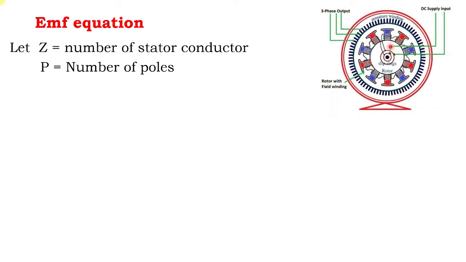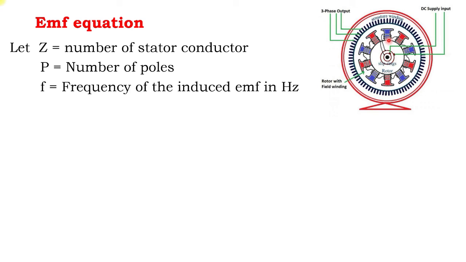Here we are using red and blue colors. The red color is usually treated as the N pole and the blue color is treated as the south pole. F is the frequency of induced EMF in hertz, that is 50 hertz, and the flux is nothing but the flux produced by these poles the moment DC supply is given to the rotor.